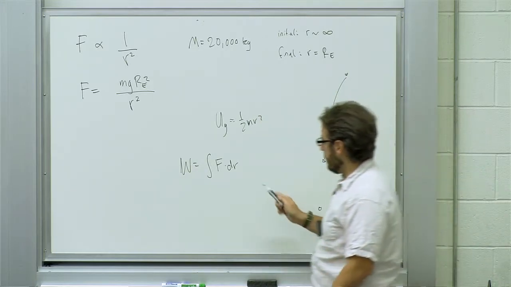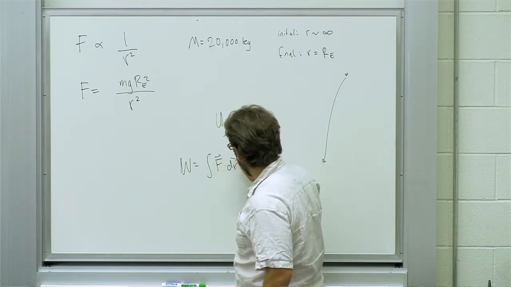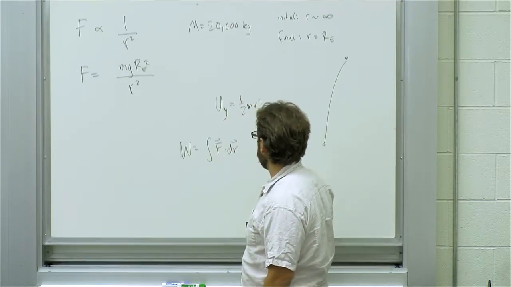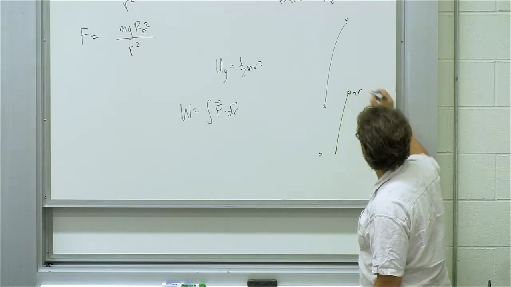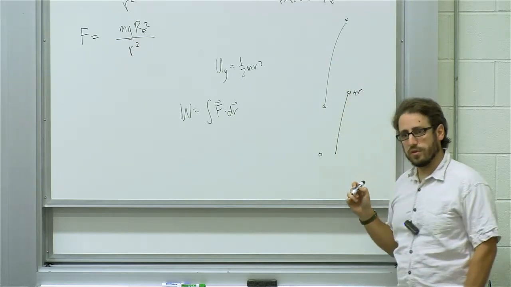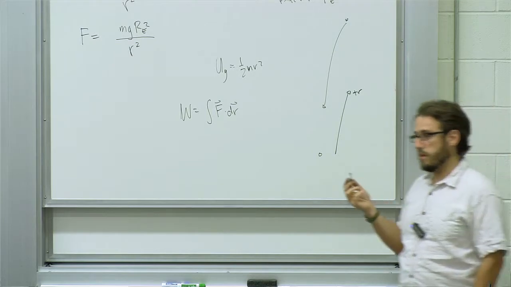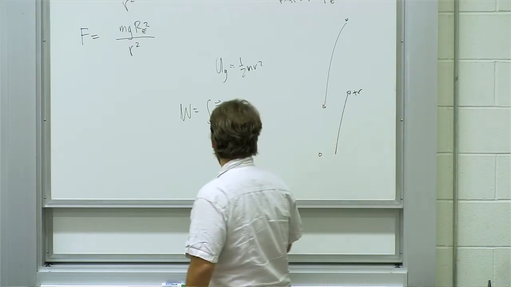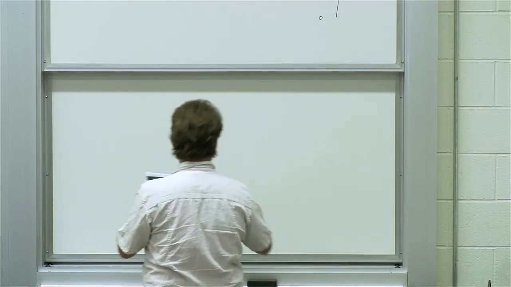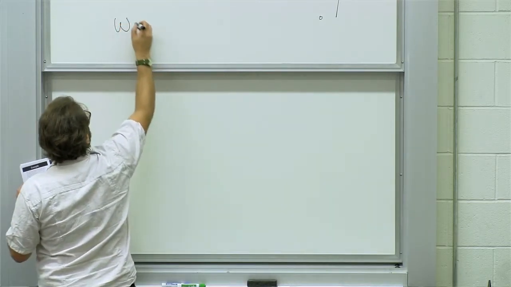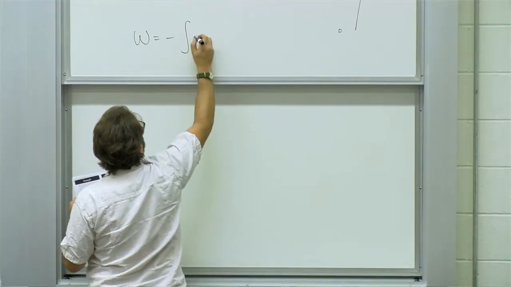Okay? But this is a vector, so let's think about the directions here. If we set this to be positive r, what's the direction of the force? Negative, right? Okay, so this is negative.